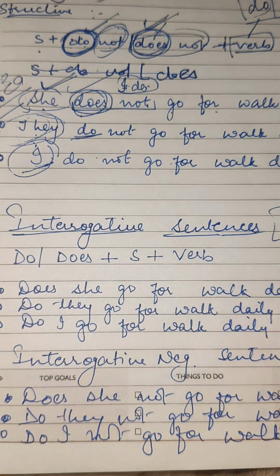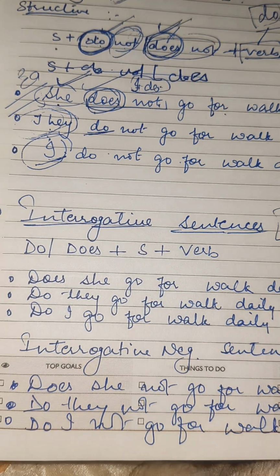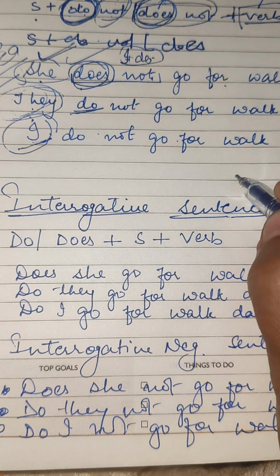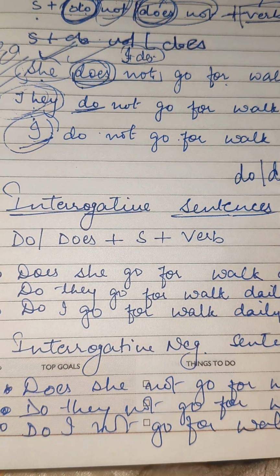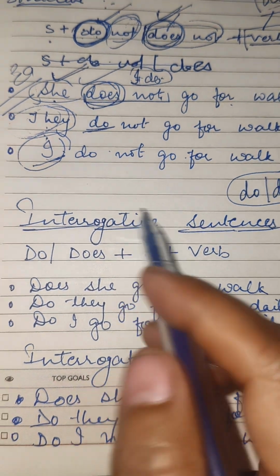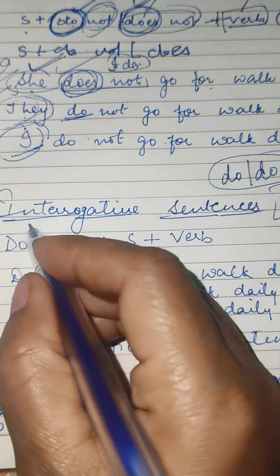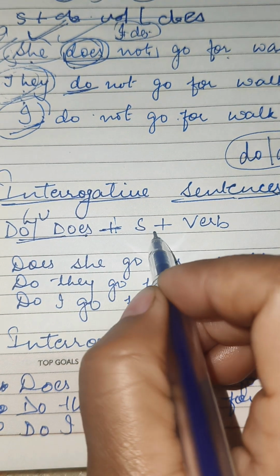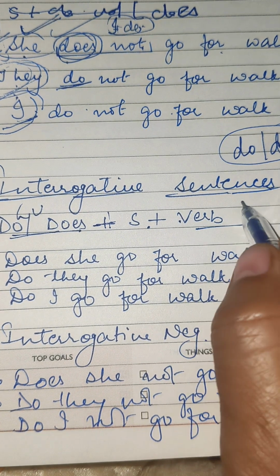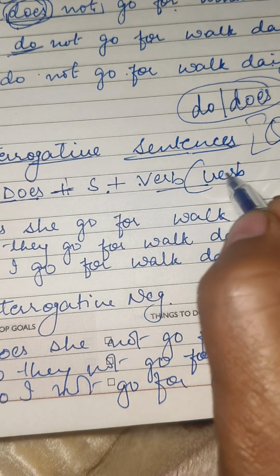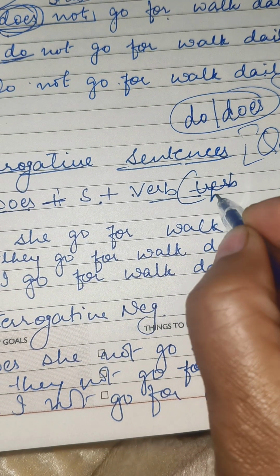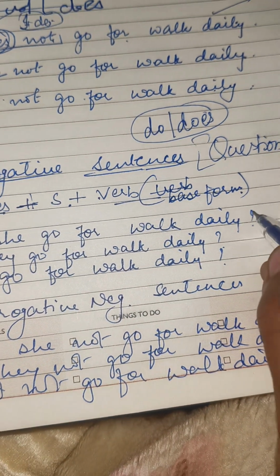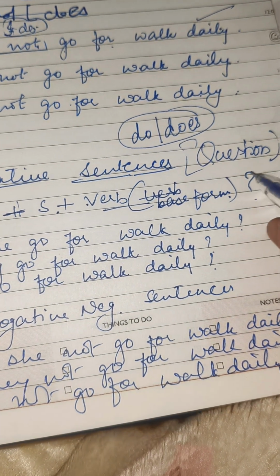Here, the helping verbs are do and does. The helping verb will be used at the beginning of the sentence, then the subject, and then the verb, again the base form of the verb here also. And the very important thing is the question mark.